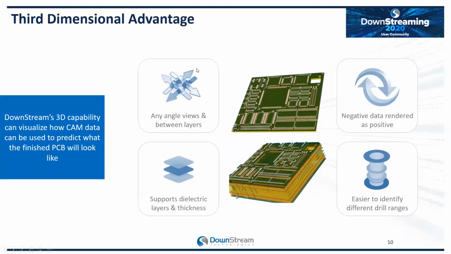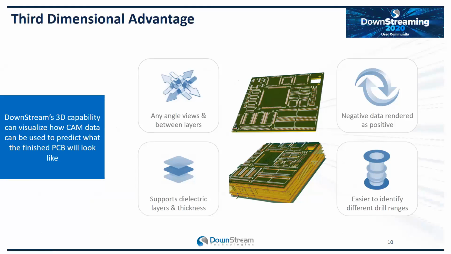That additional D, the third dimension, provides a lot of benefit when we can add it to manufacturing. It now allows us to look at the board from any angle, including in between layers. Because we can look in between layers, we can start to think about what dielectric materials and construction materials would also look like in this unfinished PCB.